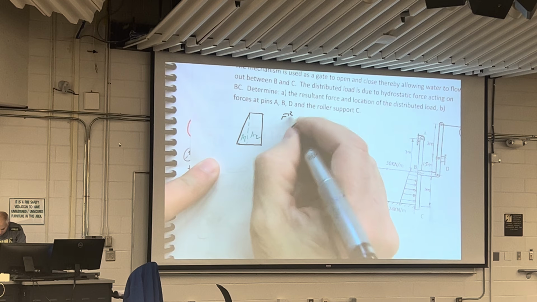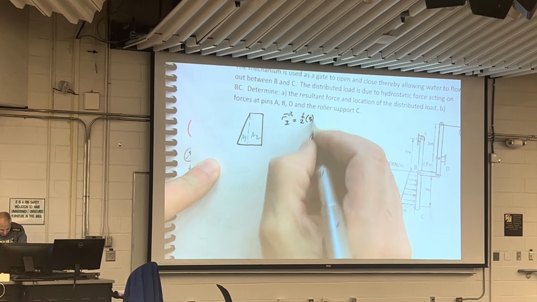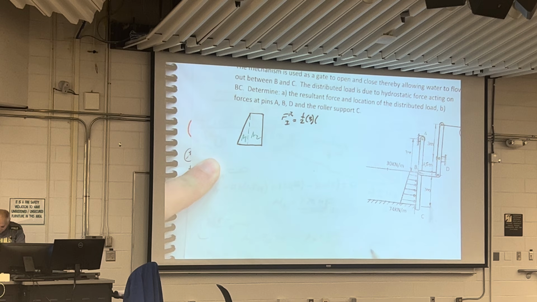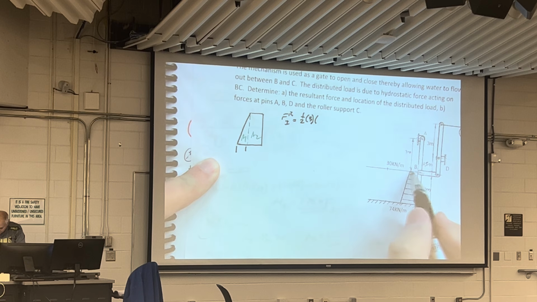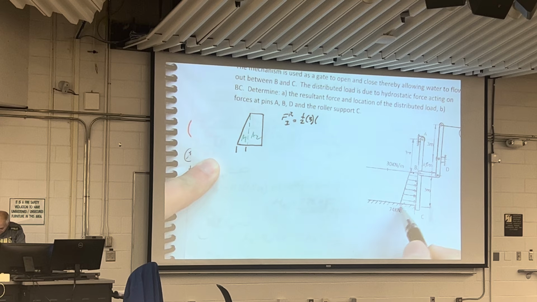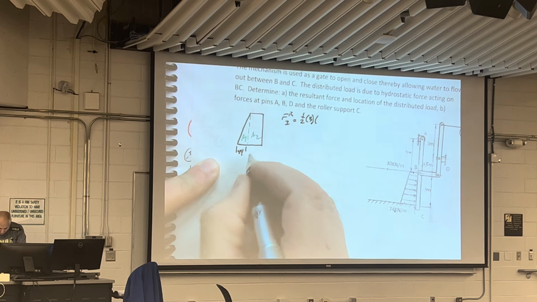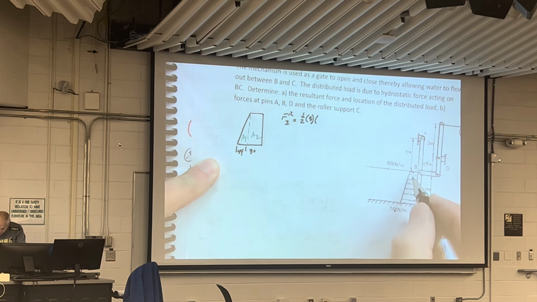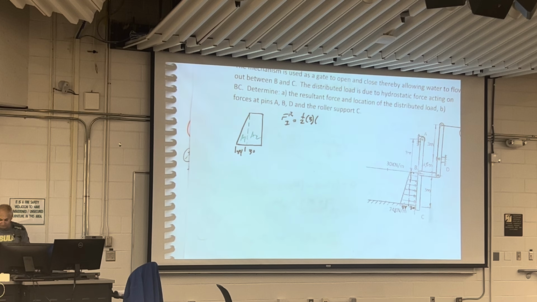Single force resultant of 1 is gonna be 1/2 times 3 times this distance. Well, that's 30, and that's 74, so this distance is actually 44, and that's 30. So this will be 30, this has to be 44 to lead me to 74.